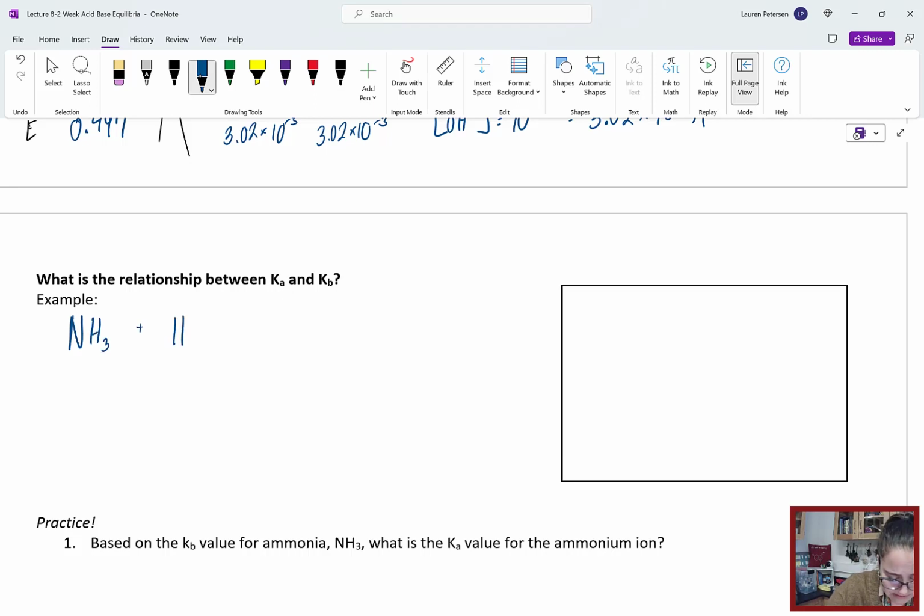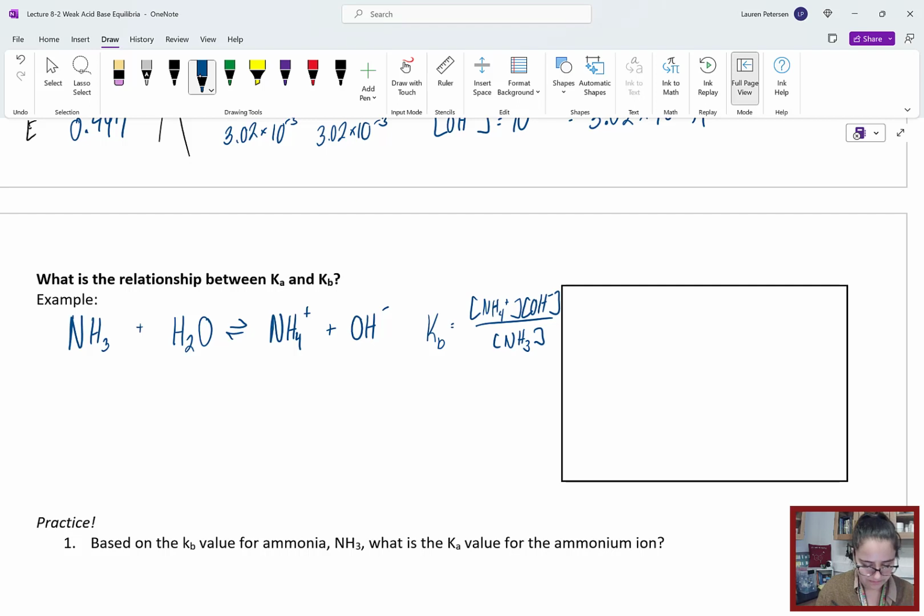I'm going to go ahead and represent it with the water, which produces that NH4 plus and the OH minus. And that is our Kb value, which is going to be the concentration of NH4 plus times OH minus over the concentration of NH3.